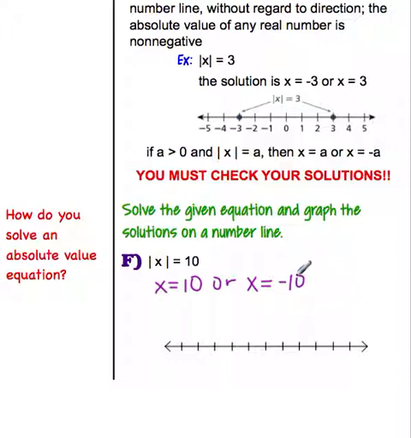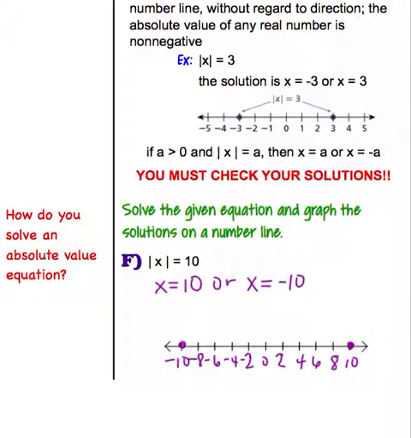So when I go to graph this on a number line, I'm going to put out here -10, -8, -6, -4, -2, 0, 2, 4, 6, 8, 10. And then I can put my points at 10, and I can put my points at -10 as well. And that would be your solution you would graph.